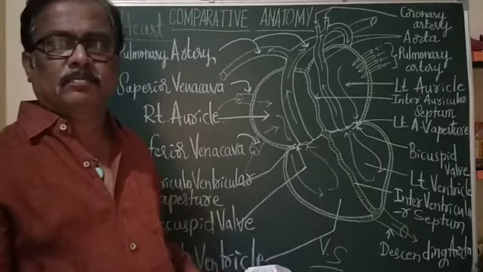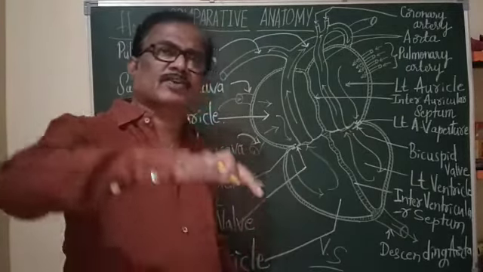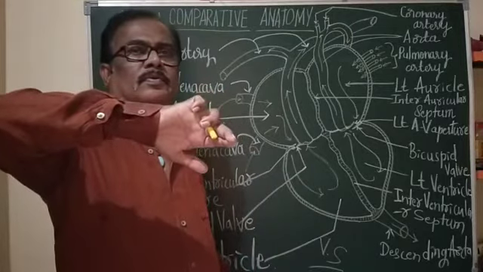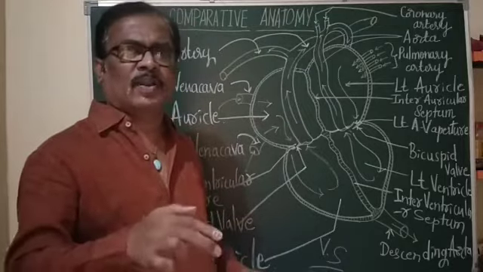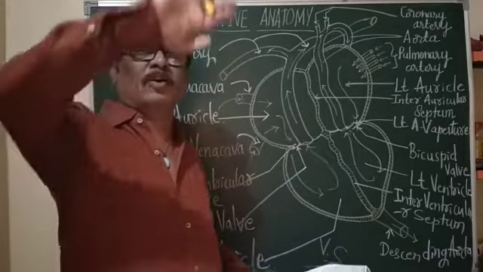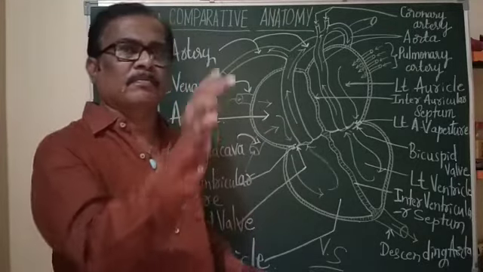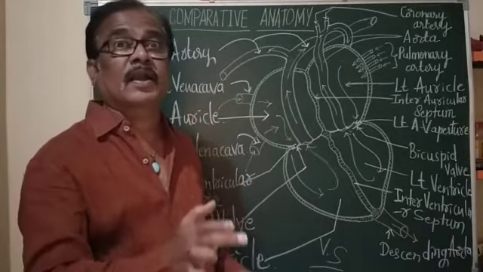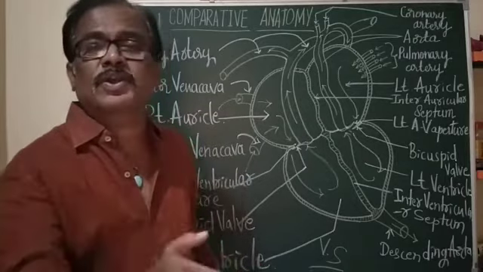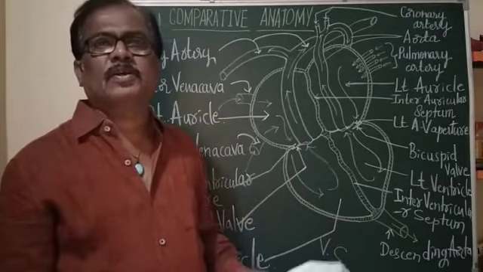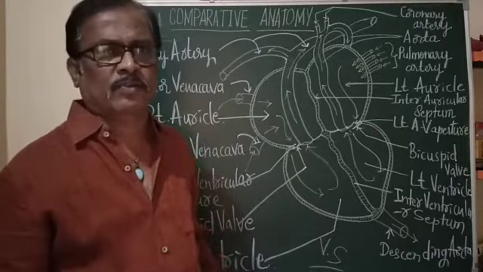This pericardium at the base reflects to form the epicardium. The outer layer is the epicardium, and it reflects to form the pericardium. In between the epicardium and pericardium is a cavity, the pericardial cavity, and that cavity is filled with pericardial fluid. So I told you it is protective in function.